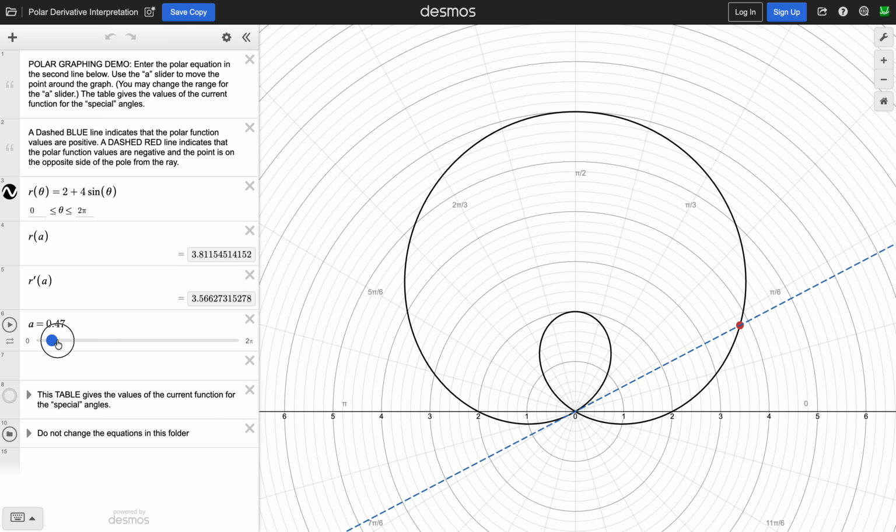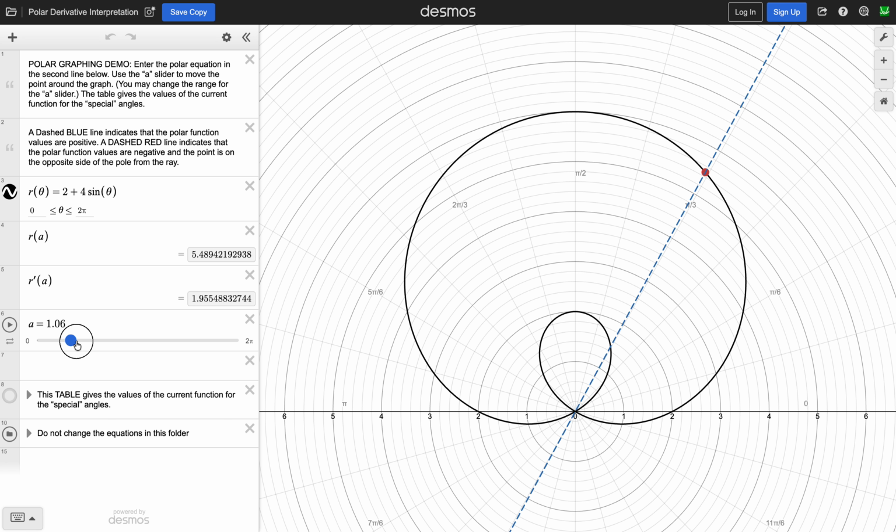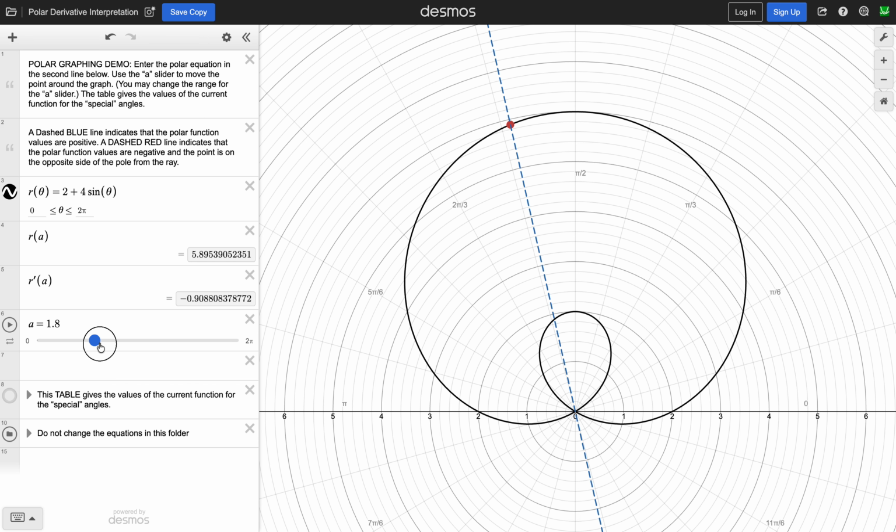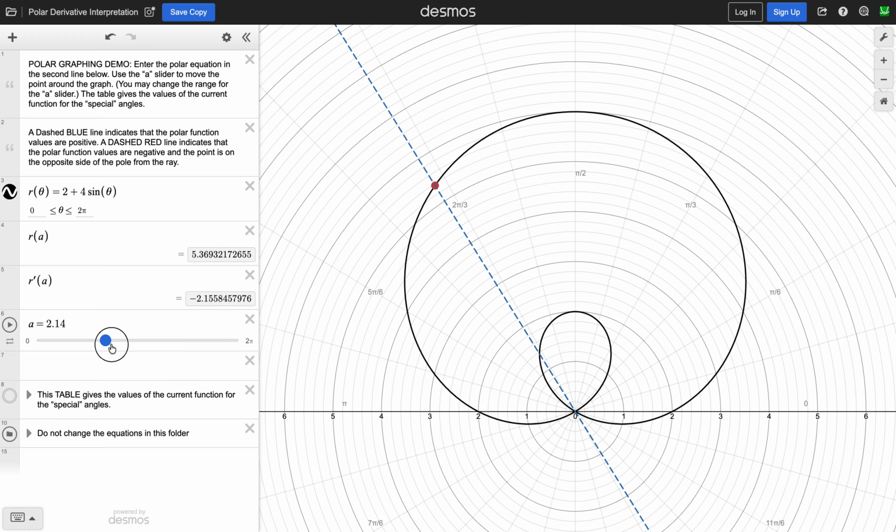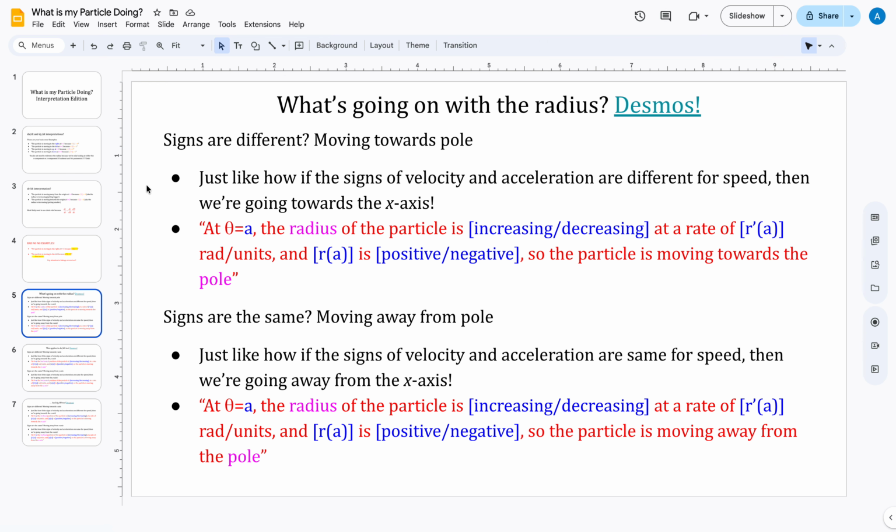For example, here, notice how r of theta and r prime of theta are both positive, so your radius is moving away from the pole, away from the origin. But after pi over 2 or so, we're getting closer to the origin, because r of theta and r prime of theta have different signs. So that's in terms of dr d theta.